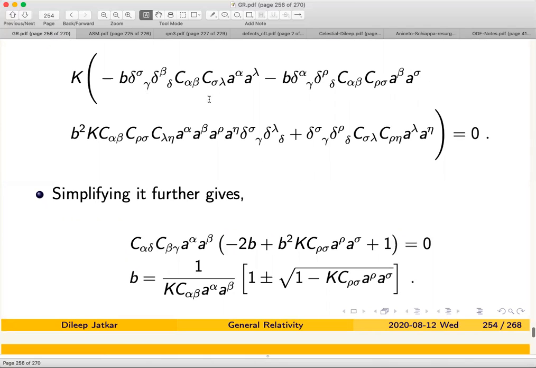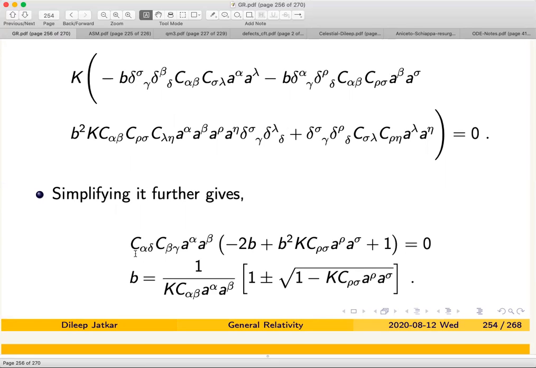Then you will find that all the terms, for example here, if you replace beta by delta, you get C alpha delta, and this one gives you C gamma lambda. So you collect those pieces and bring them together. All the terms are quadratic in C. Indices are looking different, but don't worry about those indices, because there are lots of dummy indices which you can swap around.